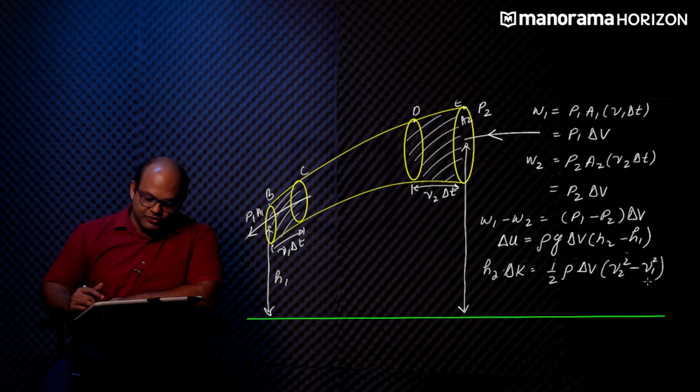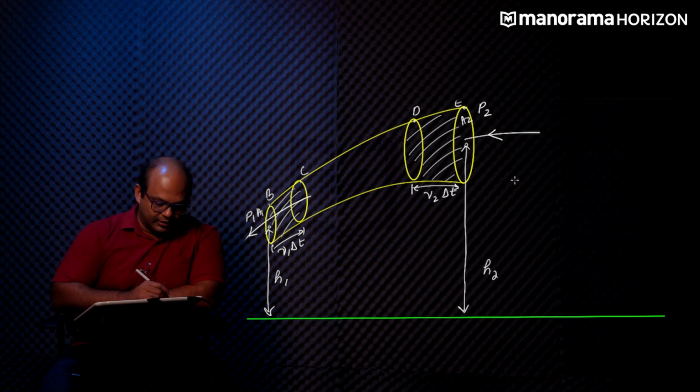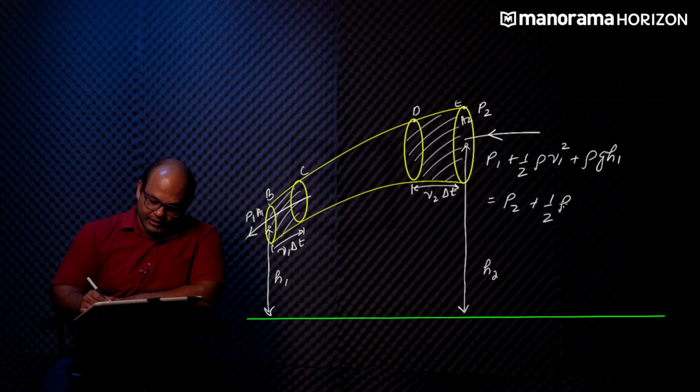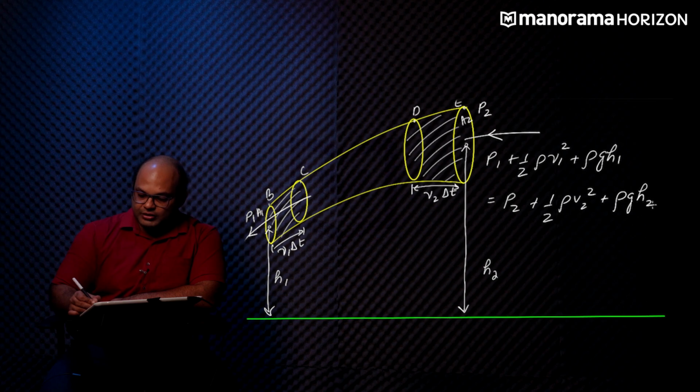We can combine these two equations to find out a consolidated equation that gives us P1 plus half rho V1 square plus rho g h1 is equal to P2 plus half rho V2 square plus rho g h2.